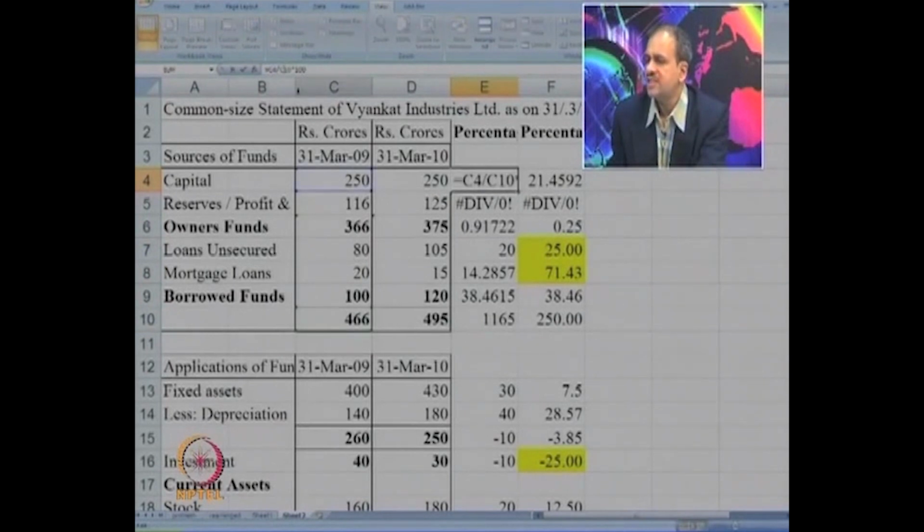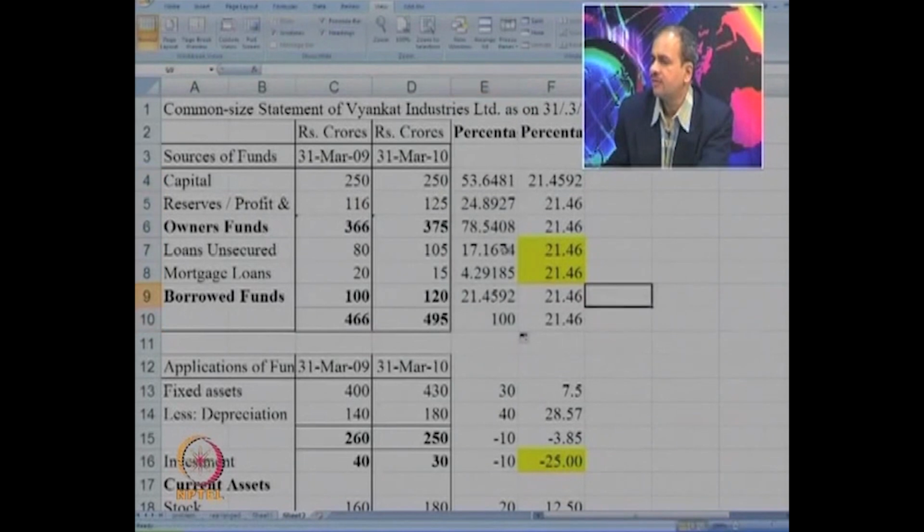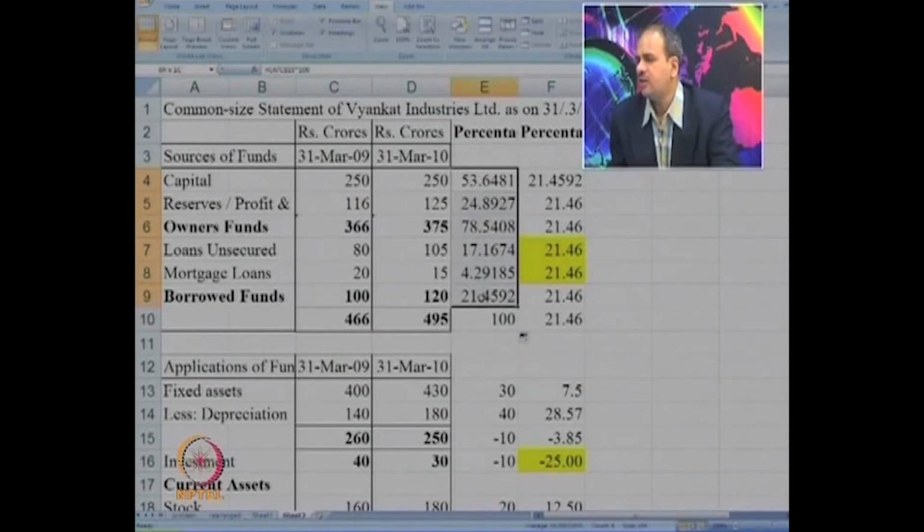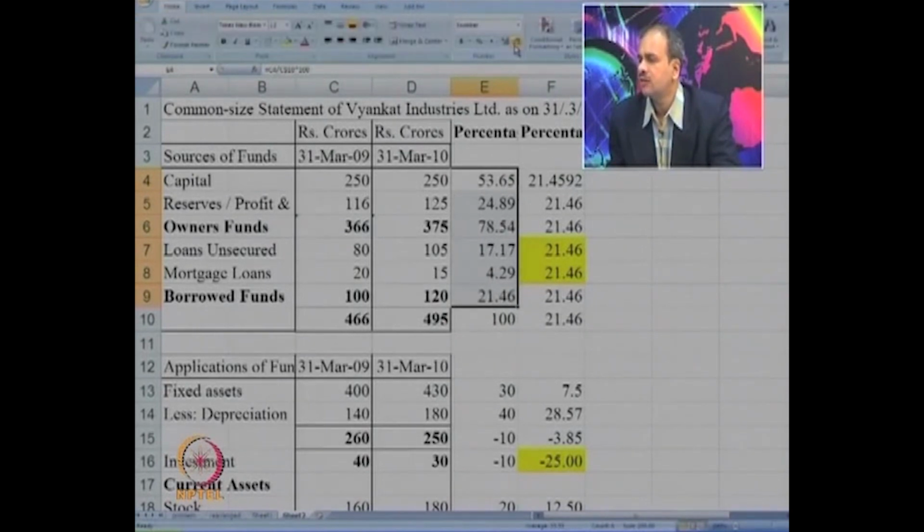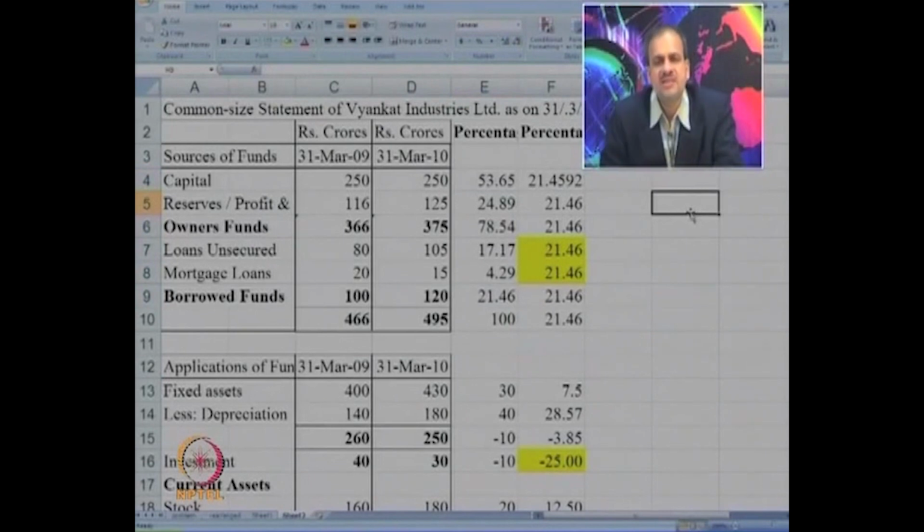So, it is C4 divided by C$10, which makes it 55. Now I think it will be clear to you. I will just try to reduce the decimal places. Okay. Does it make sense to you now?